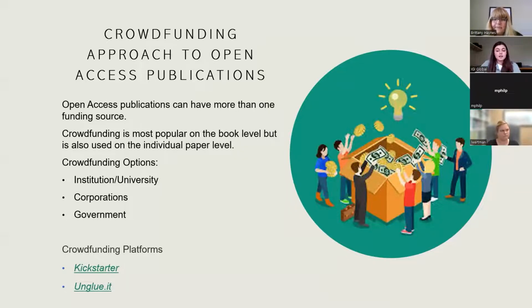But if the special issue guest editor had arranged a crowdfunding plan prior to the papers being accepted, funding for the entire special issue could be funded through an open access agreement, and what isn't covered by the open access agreement may be funded by the individual authors. And even if some of the authors do fund their own work themselves, they may also have the option of securing funding through their institution at some point.